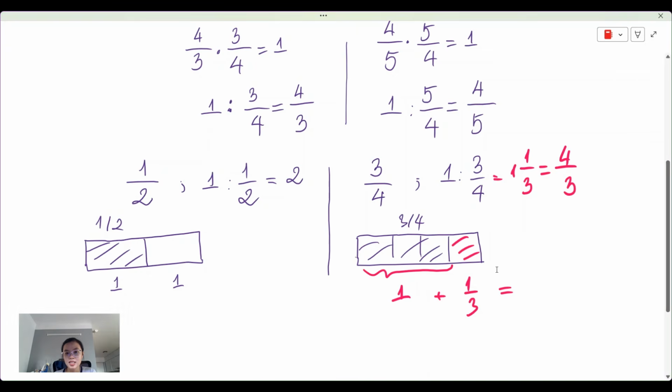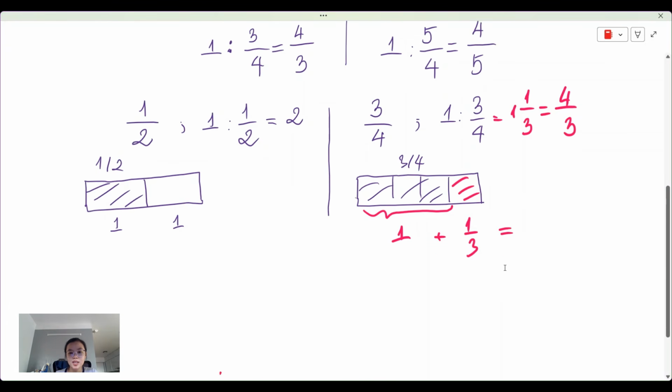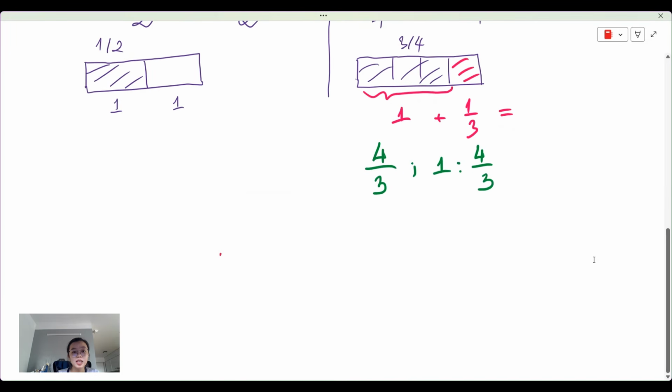Okay, another example that's more difficult than the above example. If I take 4/3, what is the reciprocal of 4/3? If I take 1, how many of 4/3 fit into 1? Okay, again, we represent it by a rectangle.